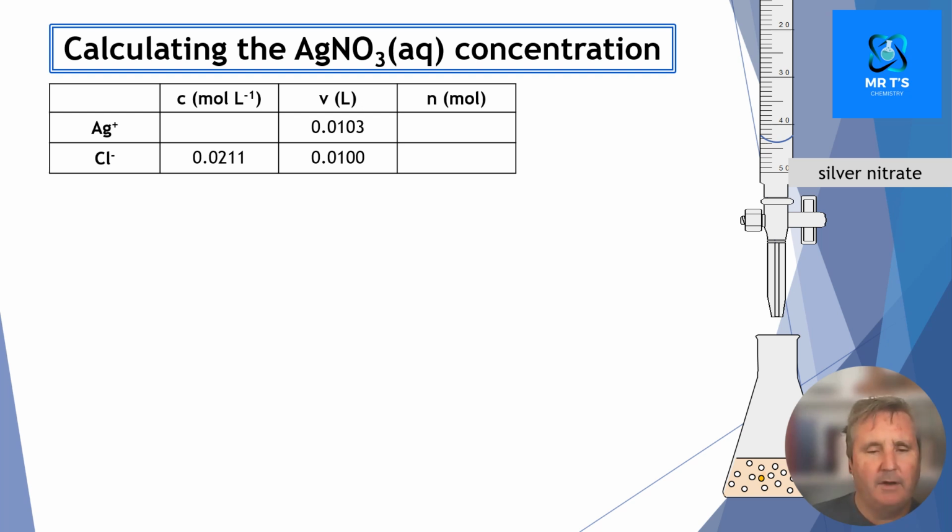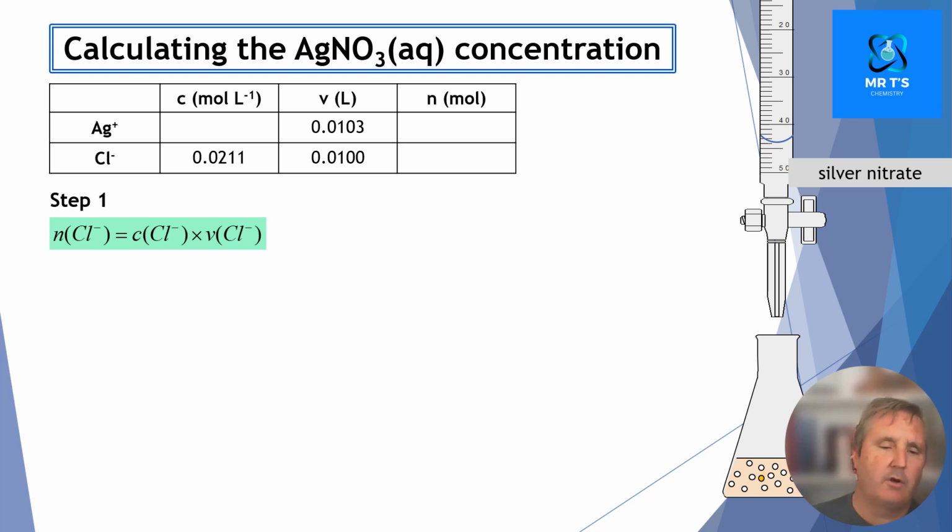So the first step I need to do is calculate how many moles of chloride ions were there in the 10 mils of my potassium chloride that had a concentration of 0.0212. So I'm going to show in my first step what it is I'm actually calculating. Here I've written the moles of the chloride ions equals the concentration of the chloride ions times the volume of the chloride ions.